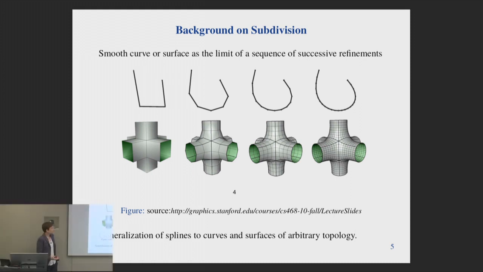So if you pick the weights, or the way you subdivide, correctly, you can actually prove that you converge to a smooth surface or a smooth curve that you can parametrize in terms of some basis functions. So that's a graphical approach to subdivision. We're interested more in the analytical one, in which you look at subdivision as a parametric surface or curve that you parametrize with a spline basis.